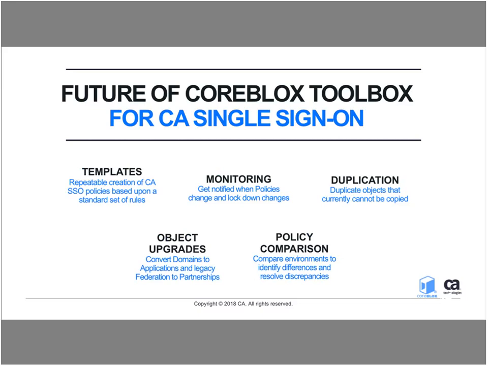So if a policy creeps in that you don't want, it can be rolled back easily. Object duplication, things like improved comparison, and then being able to upgrade objects, so convert domains, for example, to an application. So thank you very much, and I appreciate the time.